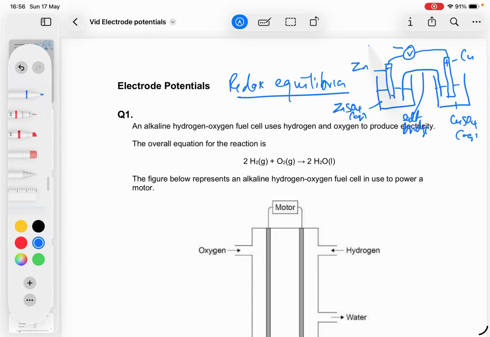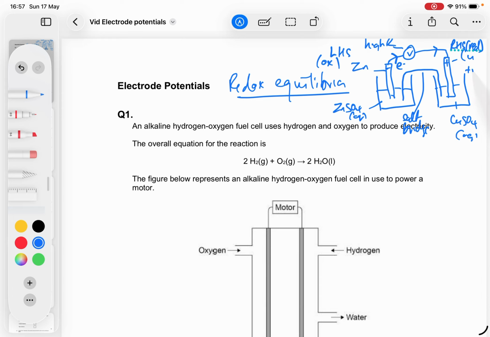Your high resistance voltmeter ensures no external current is flowing, and the electrons will flow from zinc to copper. Copper is the right hand side, so that's where reduction happens, and left hand side is where oxidation happens.